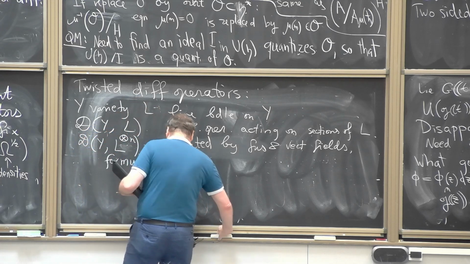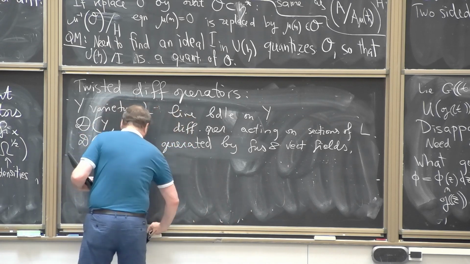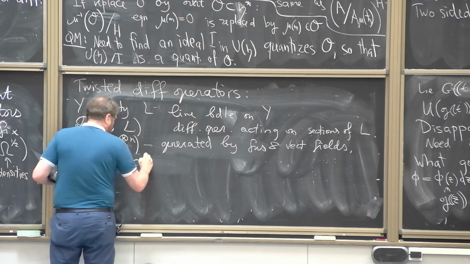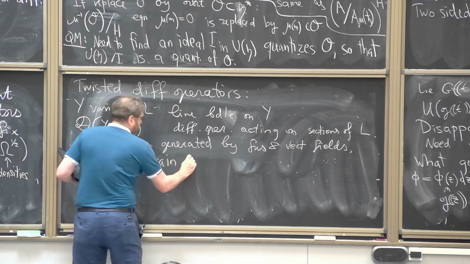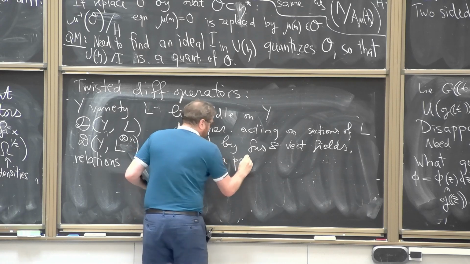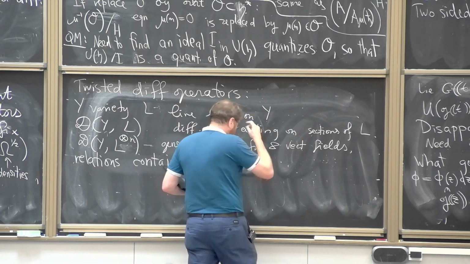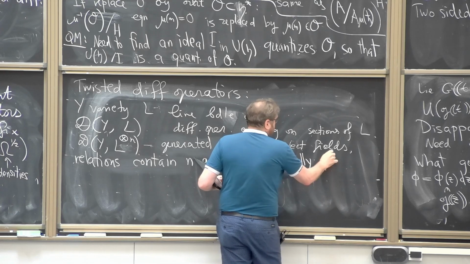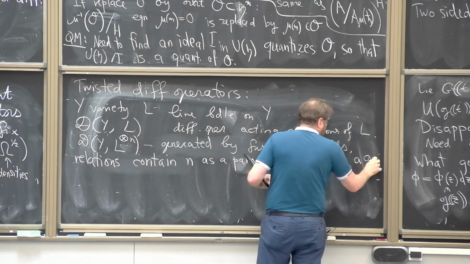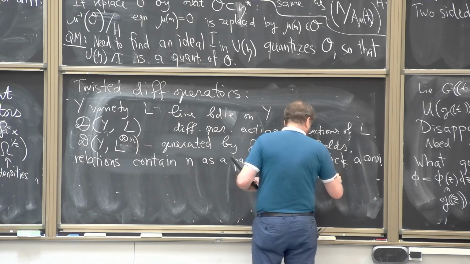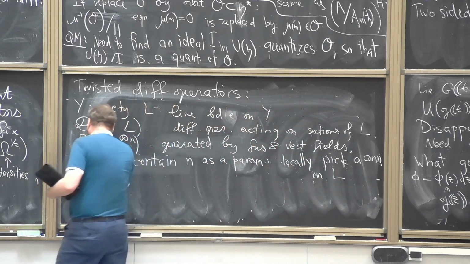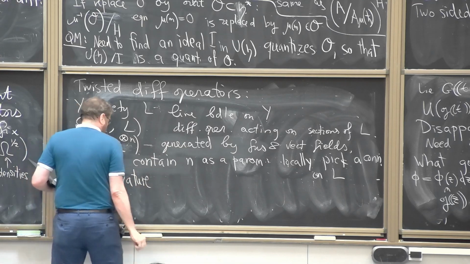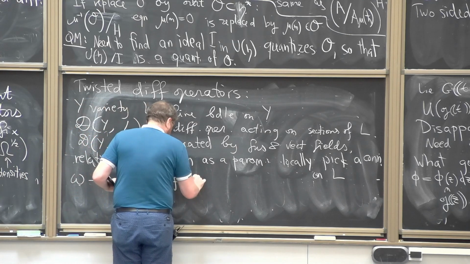So relations contain n as a parameter. So more precisely, locally, you pick a connection on L, and omega is the curvature of this connection.